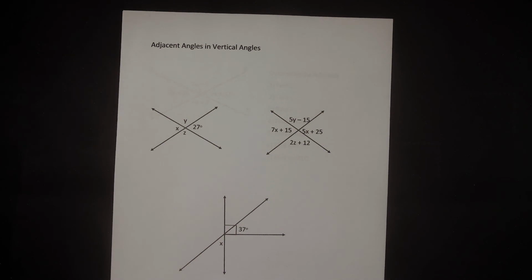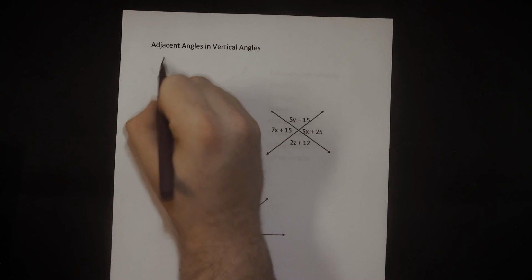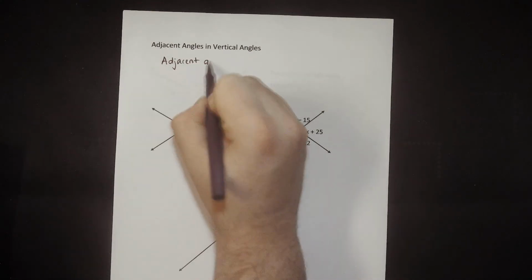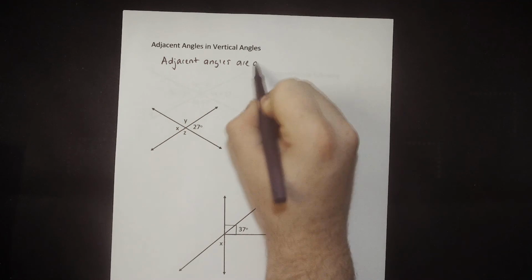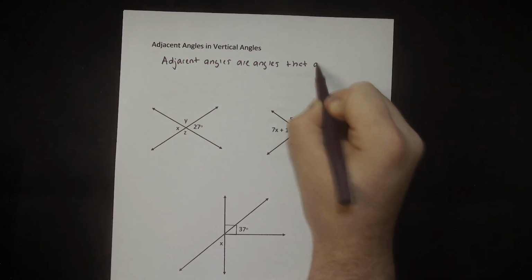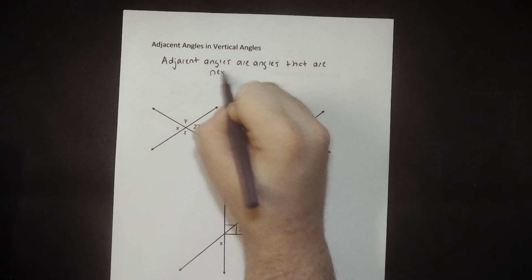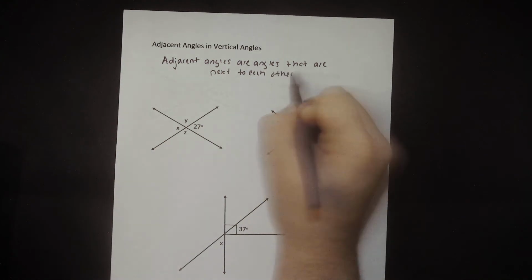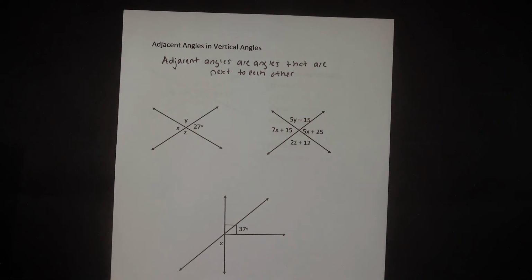So, adjacent angles are angles that are next to each other. So, how does that happen? What's going to happen here?